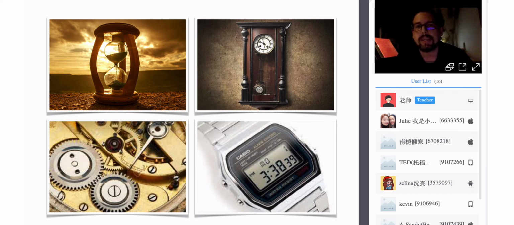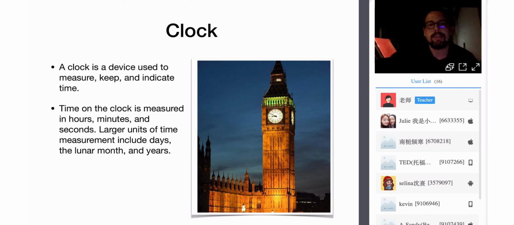Here we see the traditional mechanical clock, and that swinging little disc below the clock is the pendulum. Here we see the inner workings of the mechanical clock, all of these different gears, and a digital watch. So a clock is a device that is used to measure and keep and indicate time.